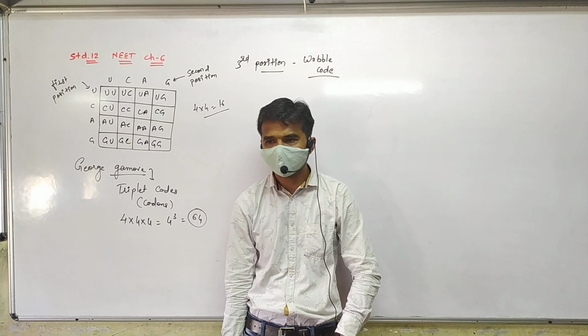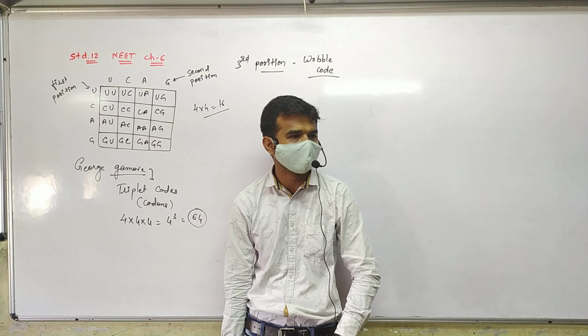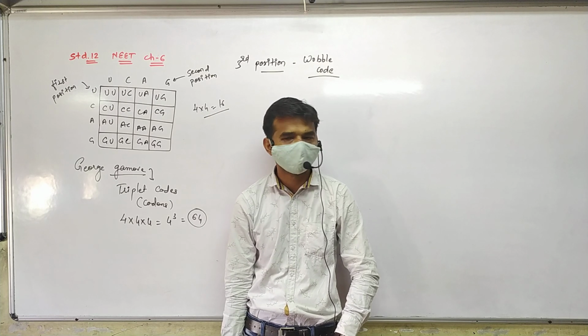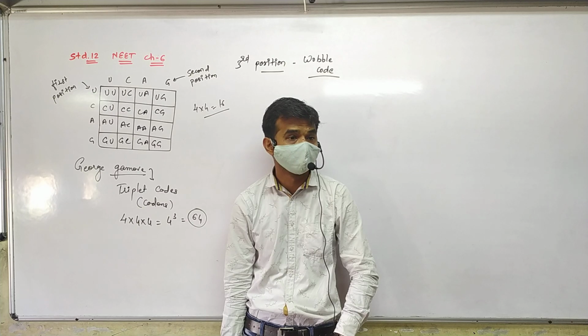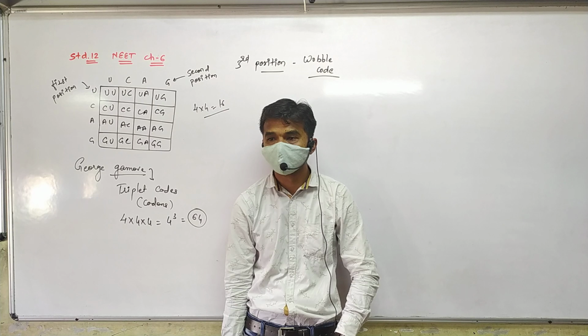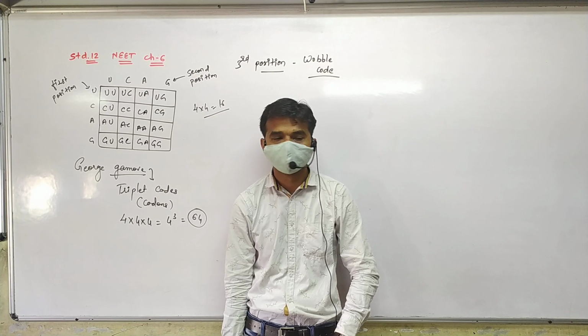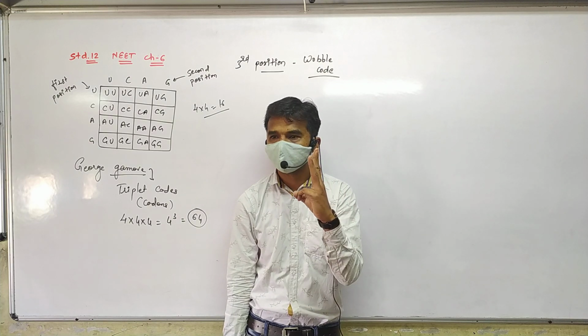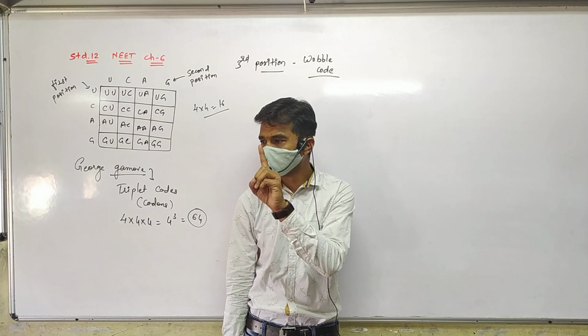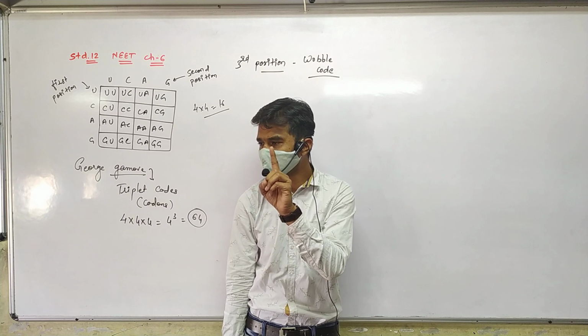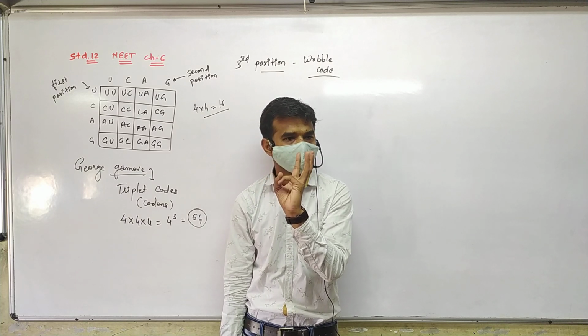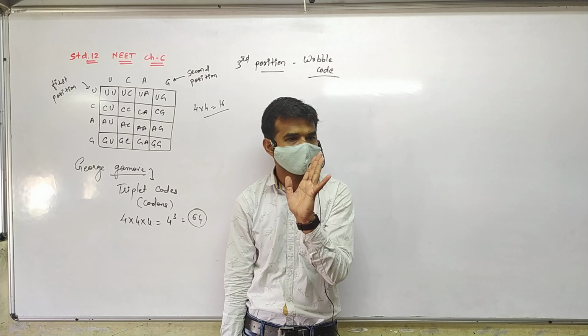Three codons are for only one amino acid, that is isoleucine. So 3 is done, 6 is done.